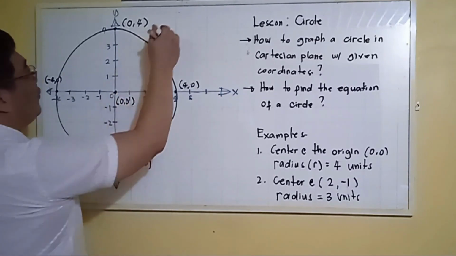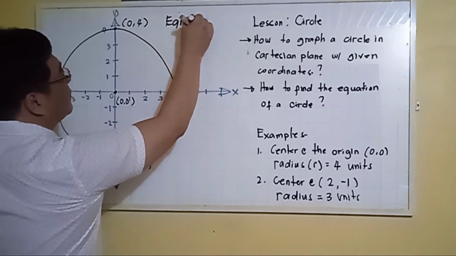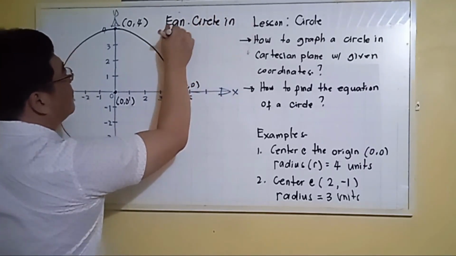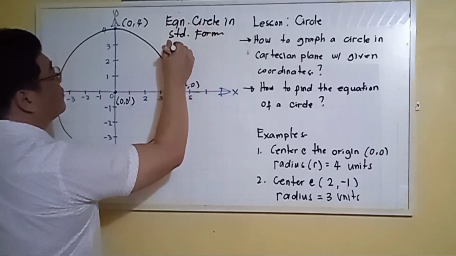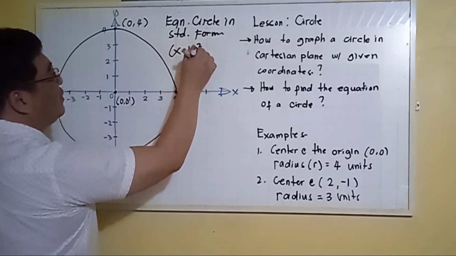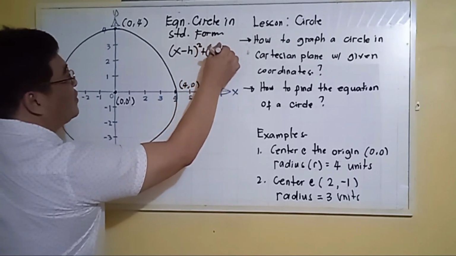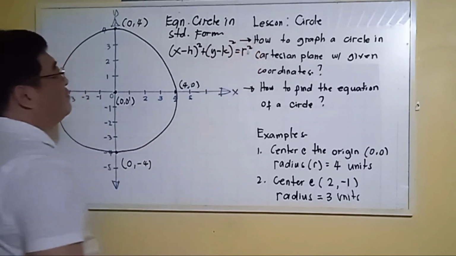Meron tayong equation of circle in standard form: x minus h square plus y minus k square is equals to r square.